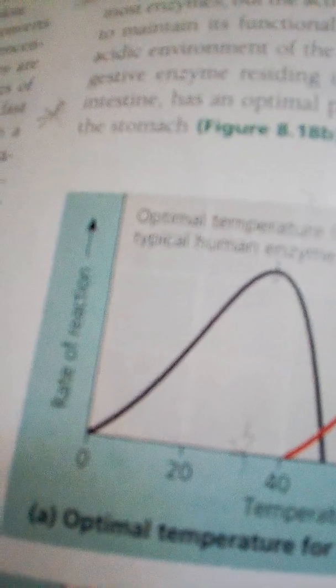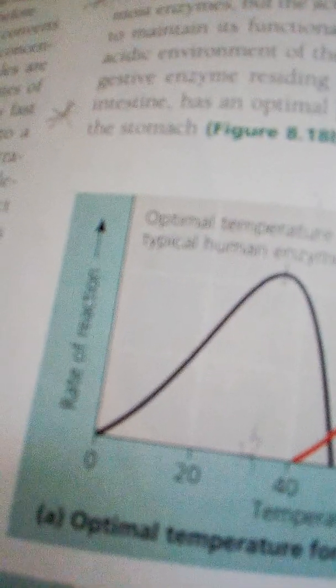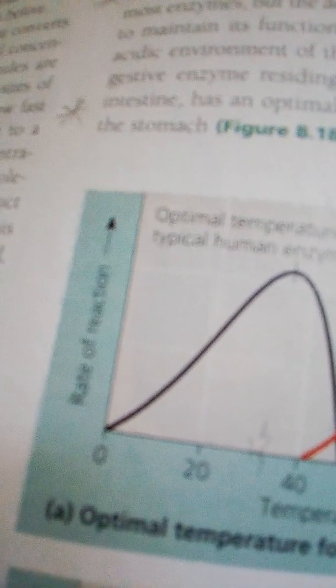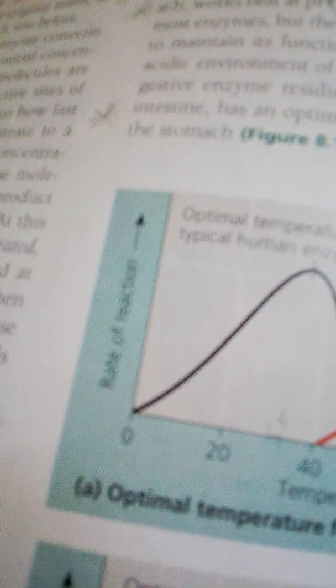Most human enzymes have an optimal temperature of about 35 to 40 degrees Celsius, close to human body temperature. Bacteria that live in hot springs contain enzymes with an optimal temperature of 70 degrees Celsius or higher. Just as each enzyme has an optimal temperature, it also has a pH at which it is most active.